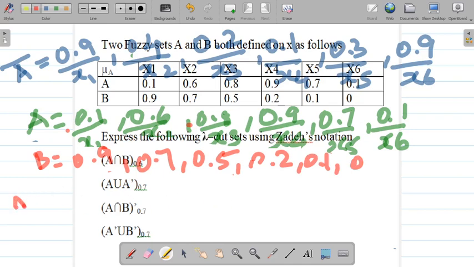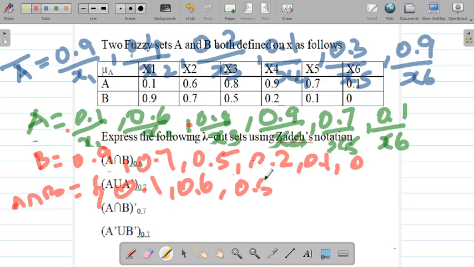First we are going to find A intersection B. A intersection B means the minimum value. So the minimum value is 0.1, 0.6, 0.5, 0.2, 0.1, 0.